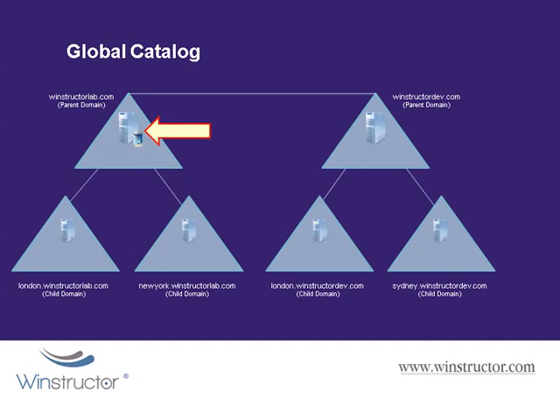However, when we start adding additional domains, the best practice is to only put the infrastructure master role on the same server as the global catalog server if every single domain controller in your domain is a global catalog server as well. The alternative is, when you only have some domain controllers that are also global catalog servers, then you'll need to transfer the infrastructure master role to another server that isn't a global catalog server.